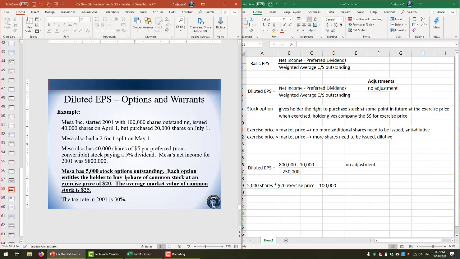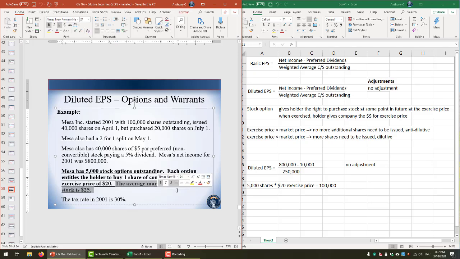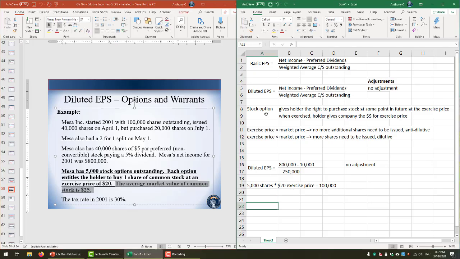All right. It tells us the average market value of common stock is 25. So our exercise proceeds are 100,000. If we use this to buy the common stock, we can divide that $100,000 by the $25 market value, and we would find that we could purchase 4,000 shares off the market to give to our stockholders.